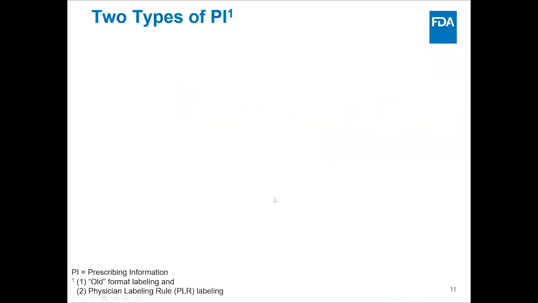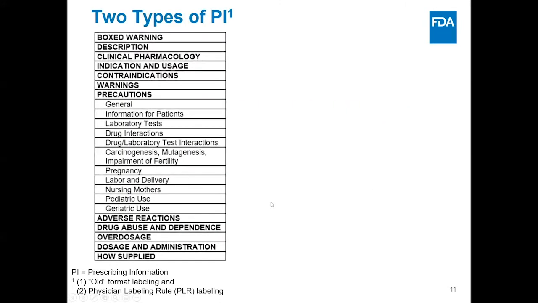There are two types of prescribing information. On the left-hand side, this is what we call the old format prescribing information, or non-physician labeling rule format. As you notice, this is the order of the sections, and this is from a 1979 rule.